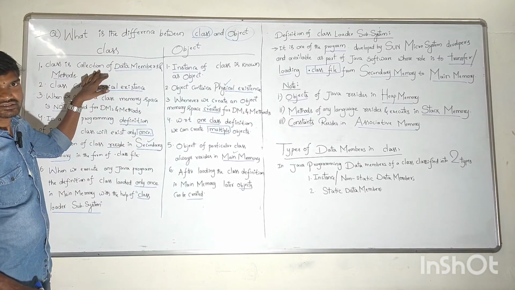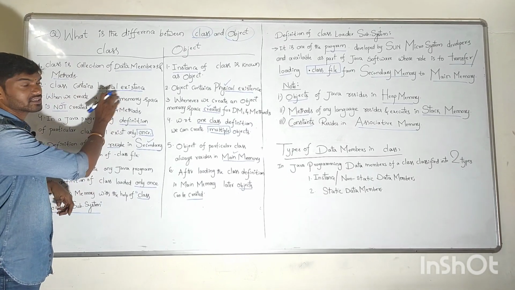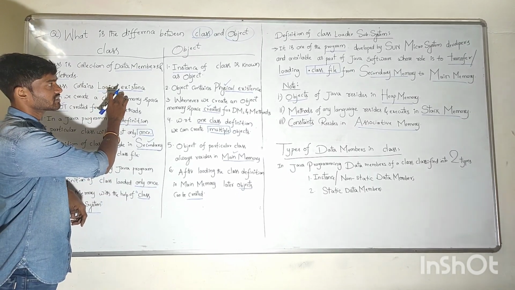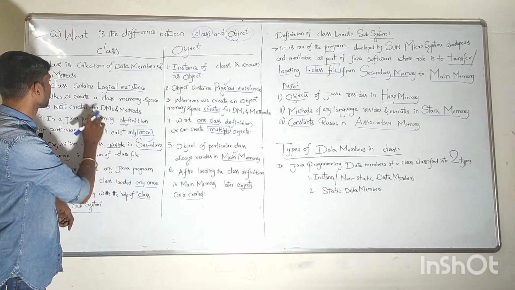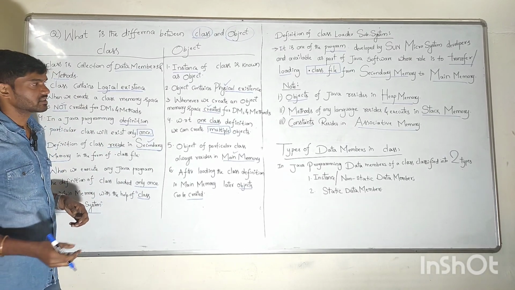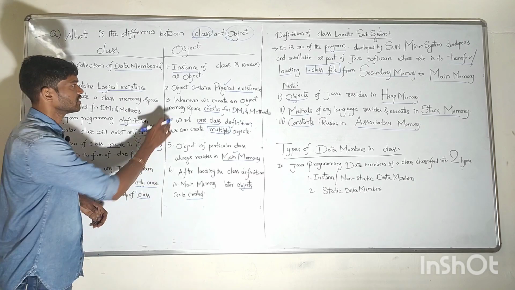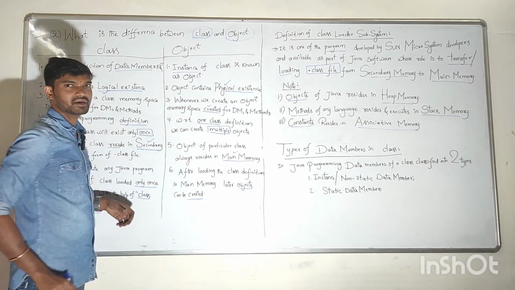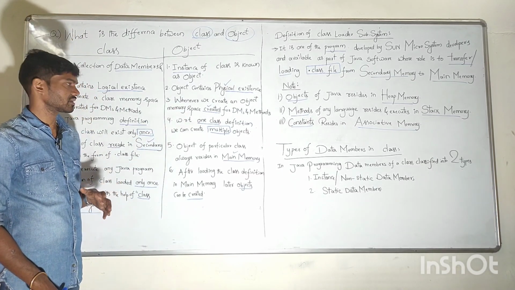The first difference is the definition, which we know. The second difference is that a class has logical existence and an object has physical existence. The third is that whenever you create a class, no memory space is created for the data members and methods of a class, whereas whenever you create an object, memory space is created for the data members of a particular class.